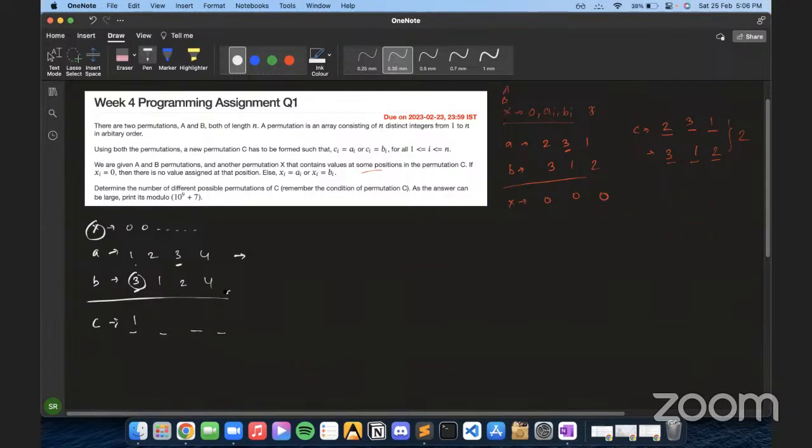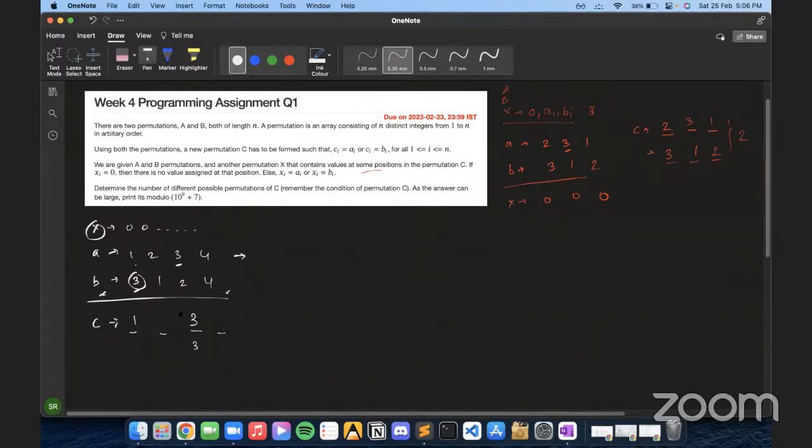As B is also a permutation, 3 only occurs once. And we have to include 3 in our permutation of C. So at the third position we have to include 3 over here. If we have chosen 1 here and haven't chosen 3 from the first element of B, we have to choose 3 somewhere else, and 3 comes at the third position. So here we choose 3 and add it to array C.